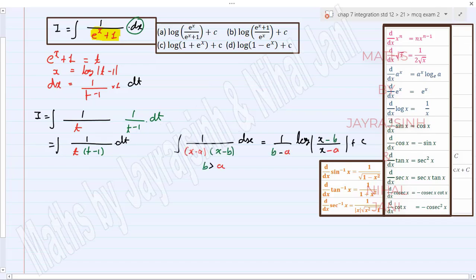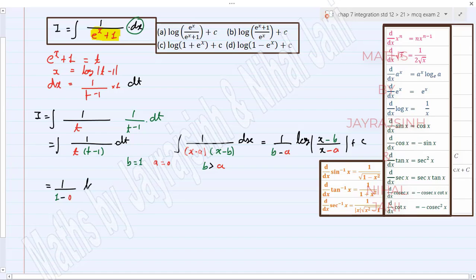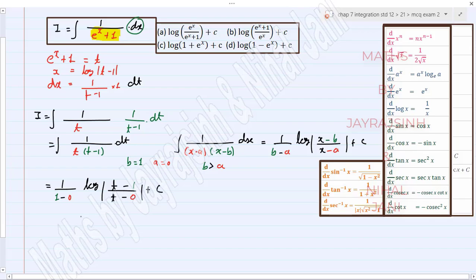Now here we have integration of 1 upon x minus a into x minus b form, where your b is greater than a, where your b is 1 and a is 0. So it can be directly integrated as 1 upon b minus a, or we can say 1 minus 0, log mod t minus b upon t minus a, which is 0, plus c.